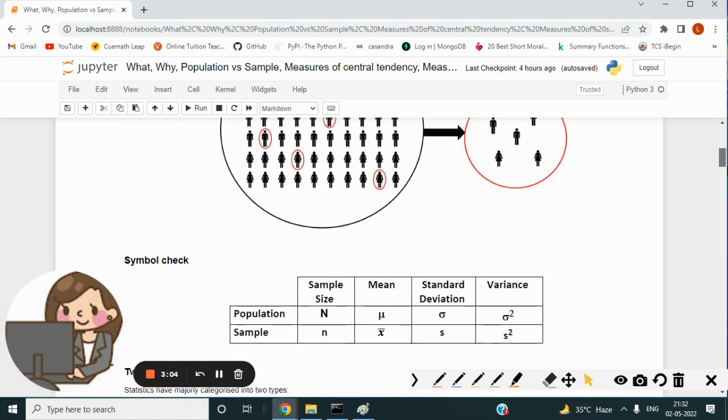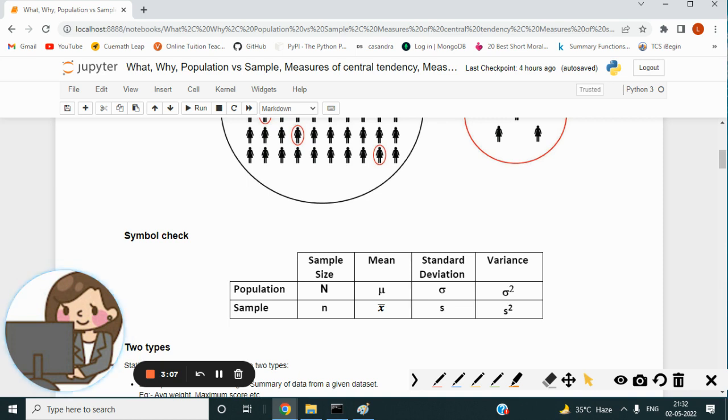While we are referring to population data and sample data, there are some meanings attached to the symbols. The capital N refers to the size of a population, and small n refers to the size of a sample. If the population size is 1000, and we select a sample from it of size 10, then the capital N denotes 1000 and the small n denotes 10.